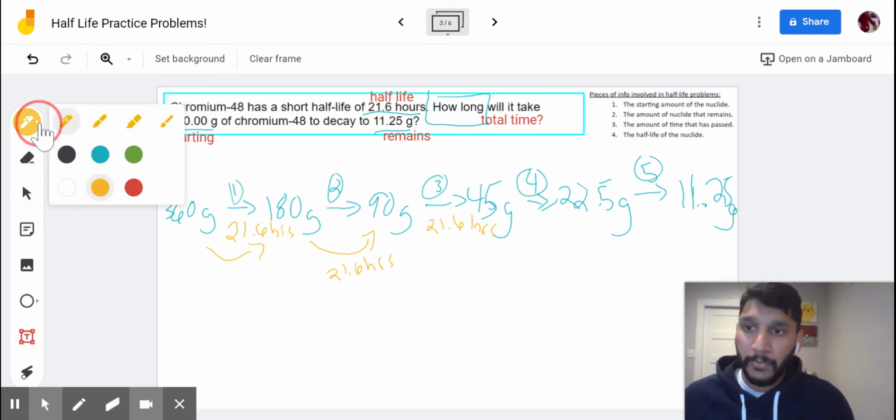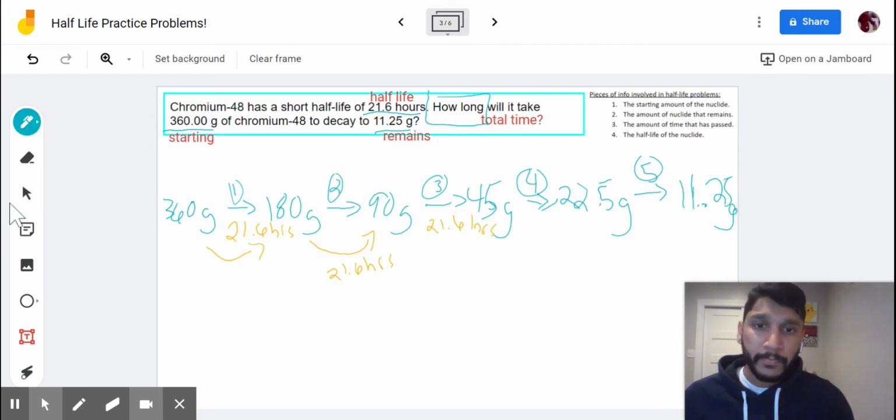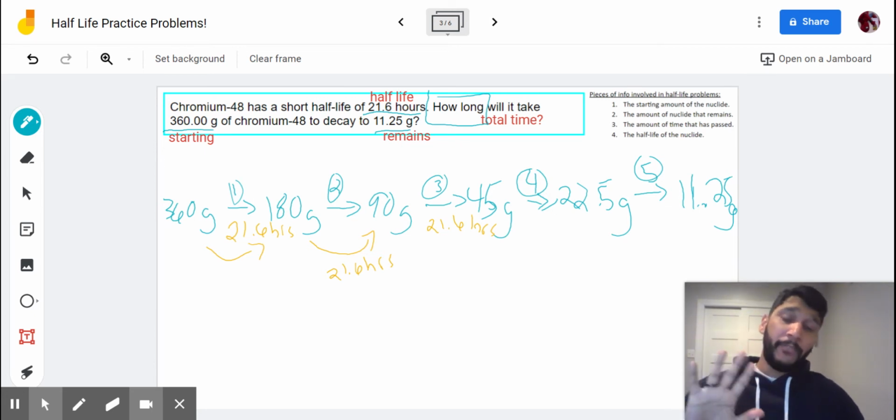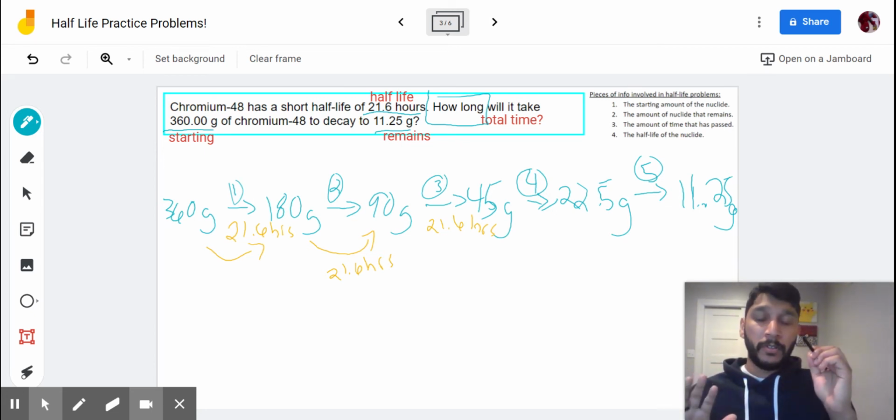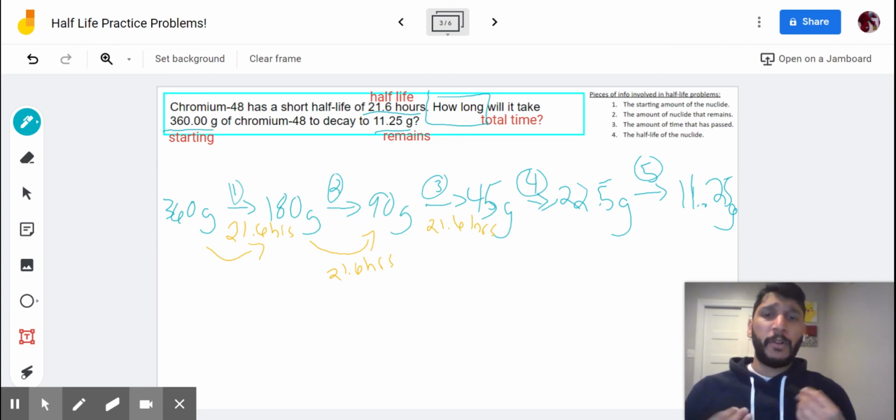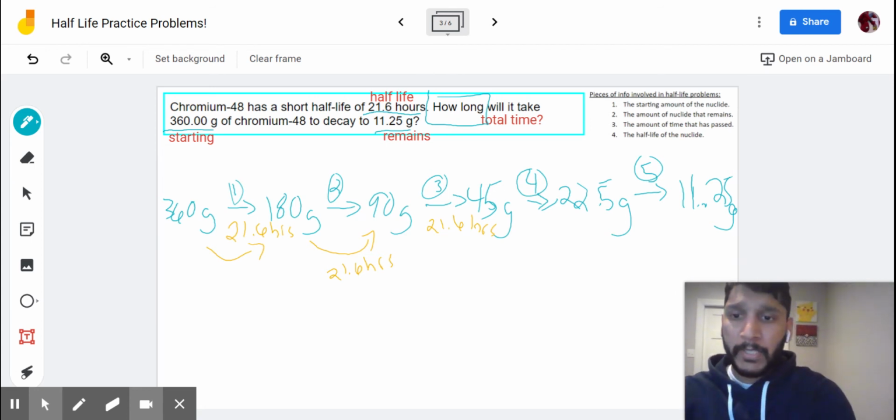Also, we can kind of think it through. Let's switch back to blue. So how long is it going to take, right? If we go through 5 half-lives, and each half-life is 21.6, we want to find out the total time. We can take 21.6 hours times 5 half-lives.